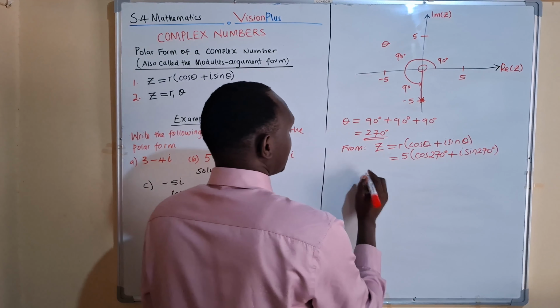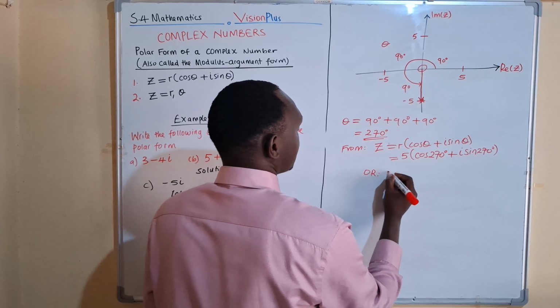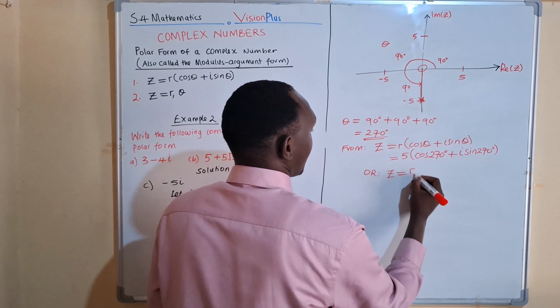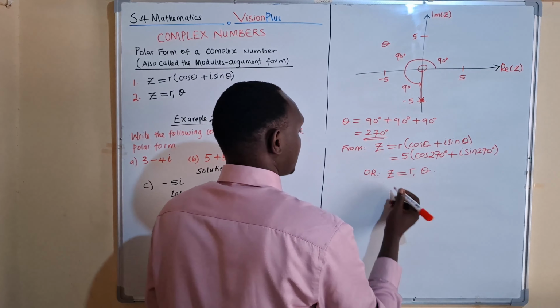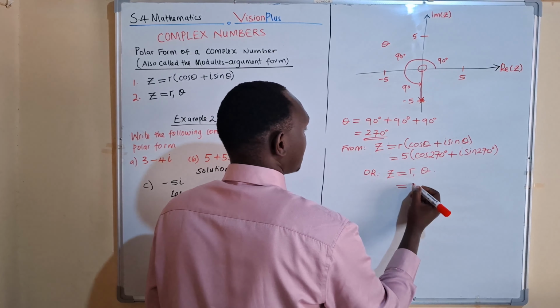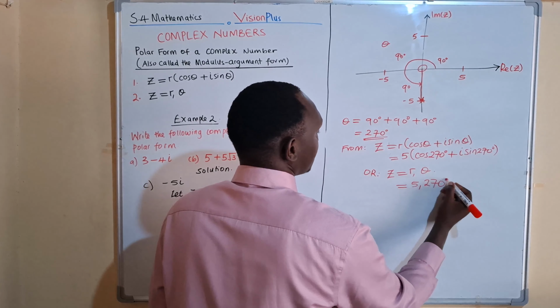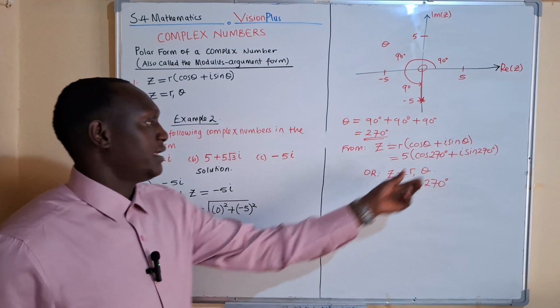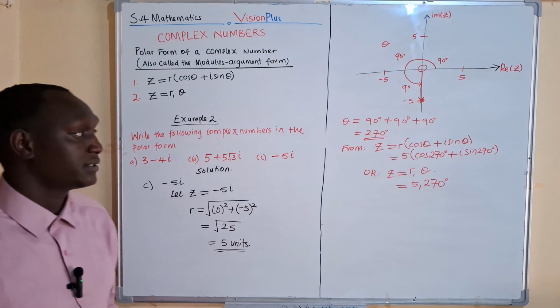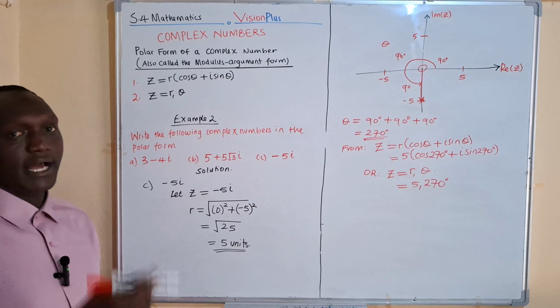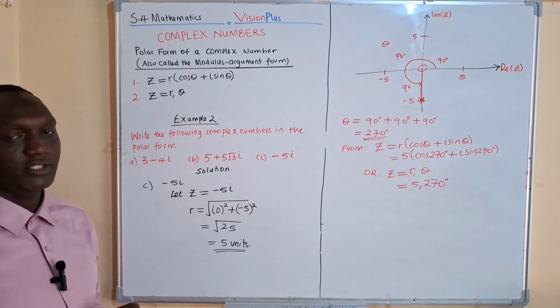Or you can have it in the other format that says that the polar form is given by r, theta, which is the argument. This gives us 5 units, which is r, and then the angle is 270 degrees. If you look here, we have used the argument, which is not the principal argument.